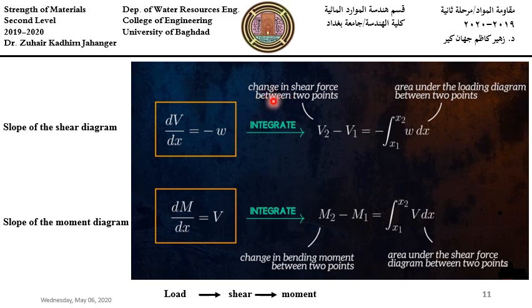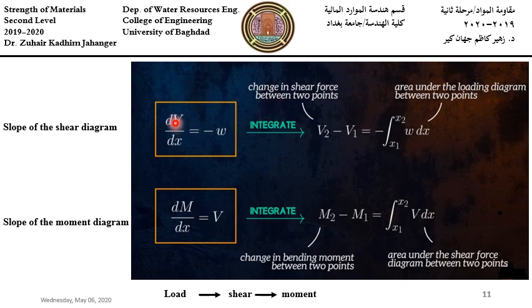The slope and shape of the shear force diagram are determined by the corresponding load intensity, and the slope and shape of the bending moment diagram are determined by the corresponding ordinate of the shear diagram.